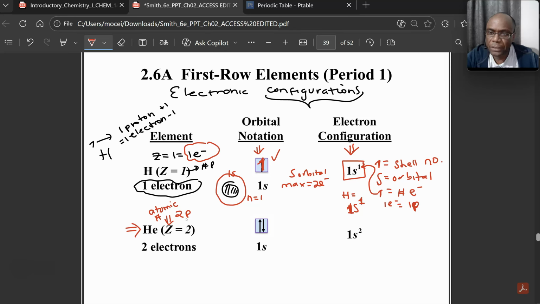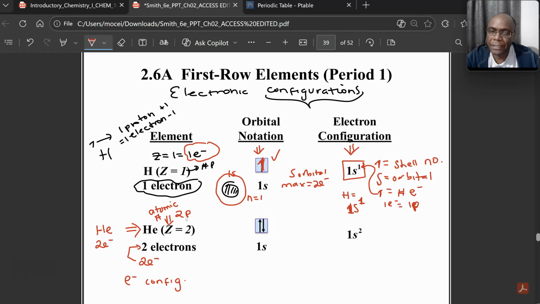That means you have 2 positives, so you need 2 negatives, and that comes from the 2 electrons. So anytime you know the atomic number, it will be the same value as the number of electrons, which we need for electronic configuration. Okay, so helium has 2 electrons.